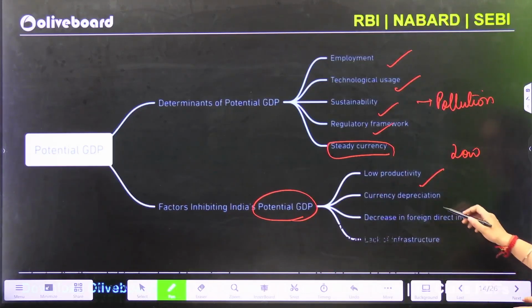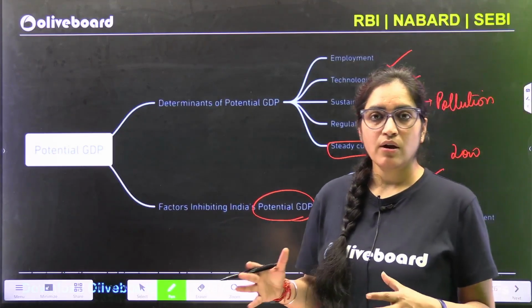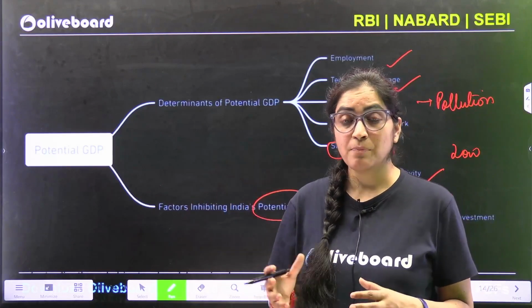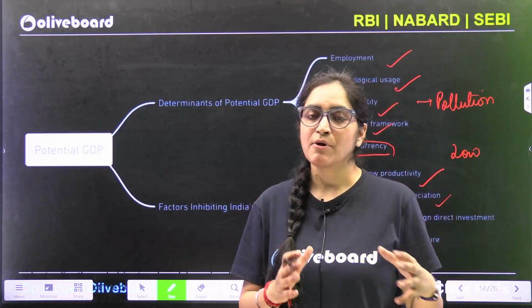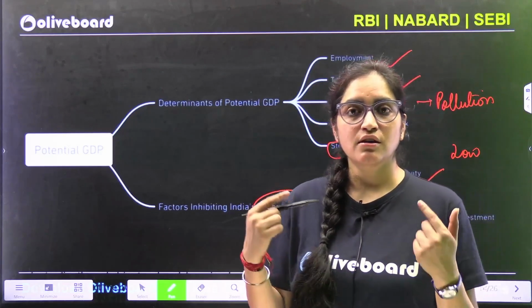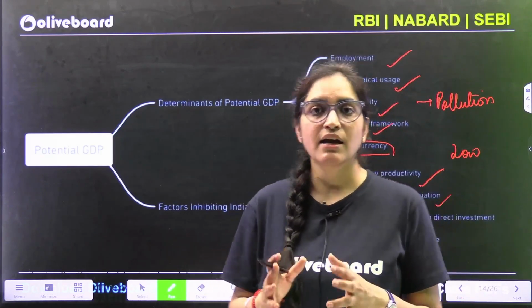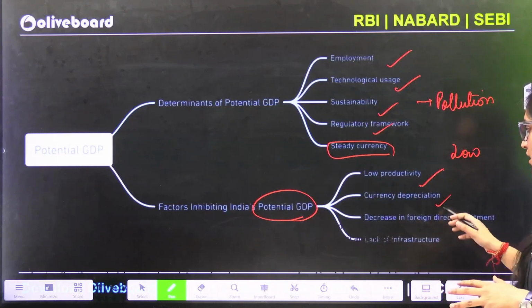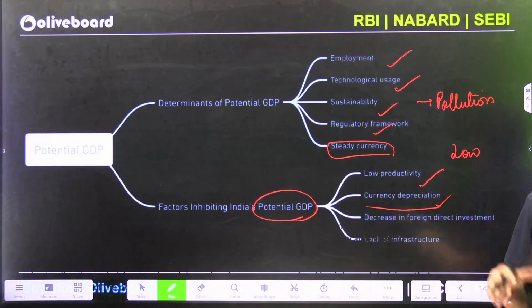Next thing is currency depreciation. In comparison to harder currencies like the dollar, the rupee is not that strong. Though in the last couple of years we have tried to internationalize our currency, there are certain problems as of now, and because of that the Indian rupee is somewhat volatile.